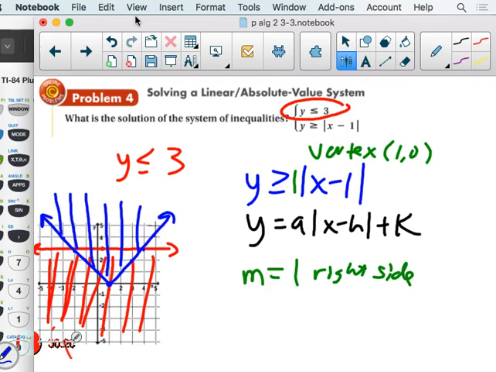It's a little triangle. So those are going to work not only for the top inequality, but also for the bottom inequality. And that's what this was about. Both of those work.